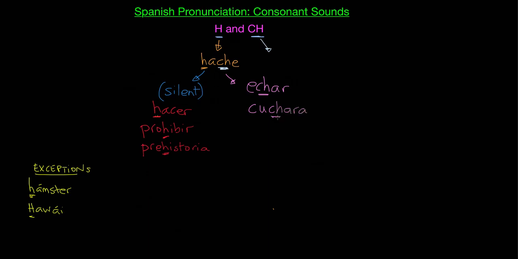Spoon. Cuchara. Or chocolate. Chocolate. Okay, so in Spanish, CH does this sound ch, not sh, just ch. Okay, echar, cuchara, chocolate, and the H, if it hasn't got a C in front, you just won't hear it. Hacer, prohibir, prehistoria. I hope this is easy peasy.